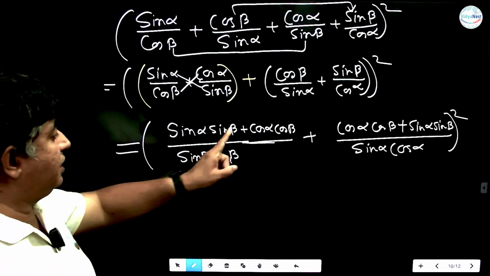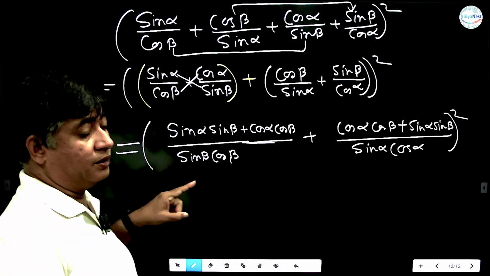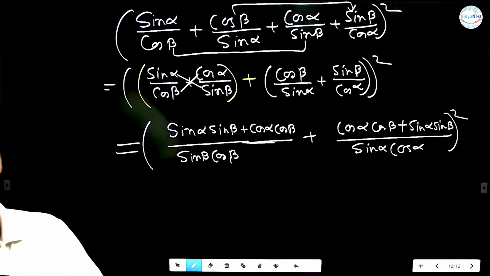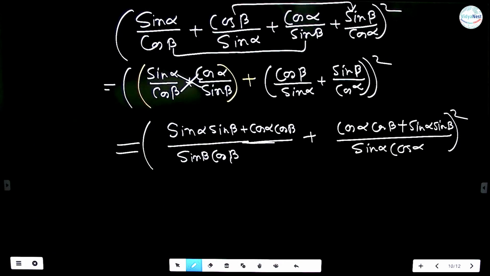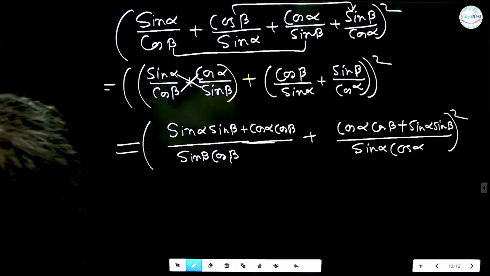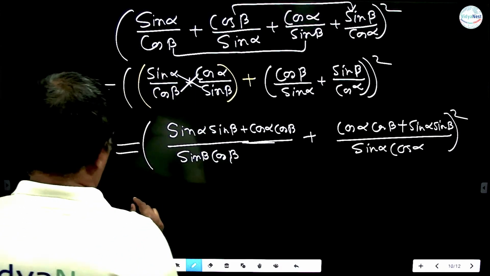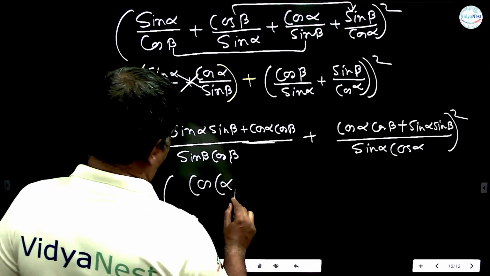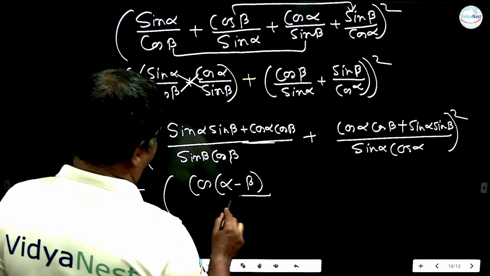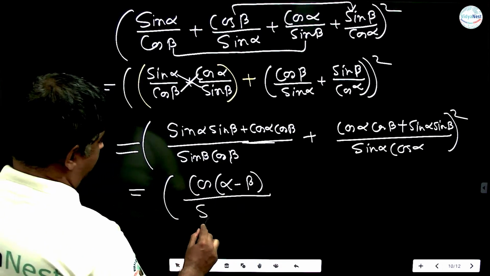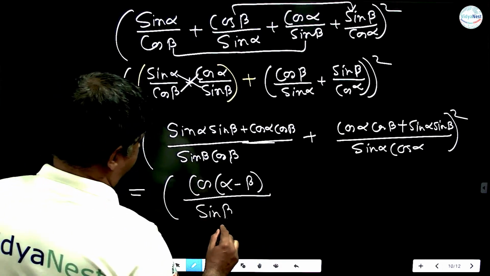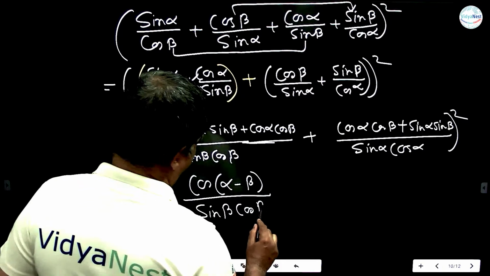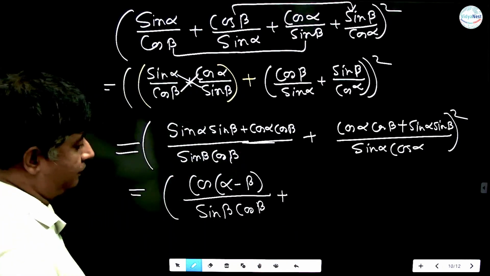Now this formula, the numerator part, reminds us the basic formula cos A cos B plus sin A sin B, that is cos A minus B. No change in denominator.